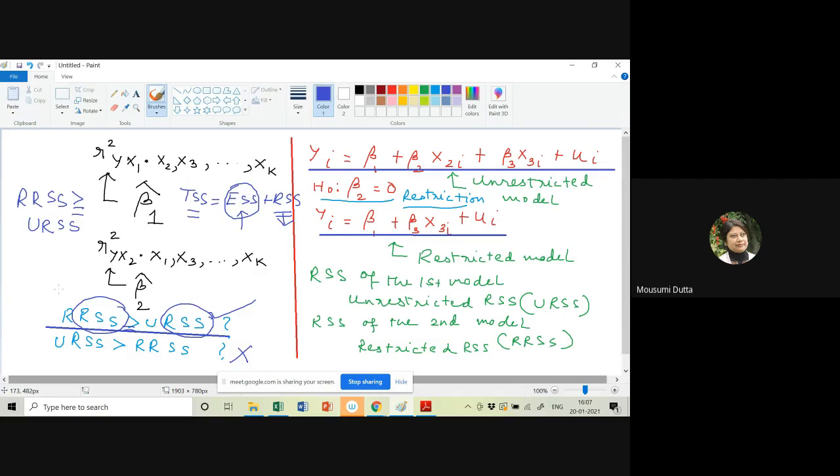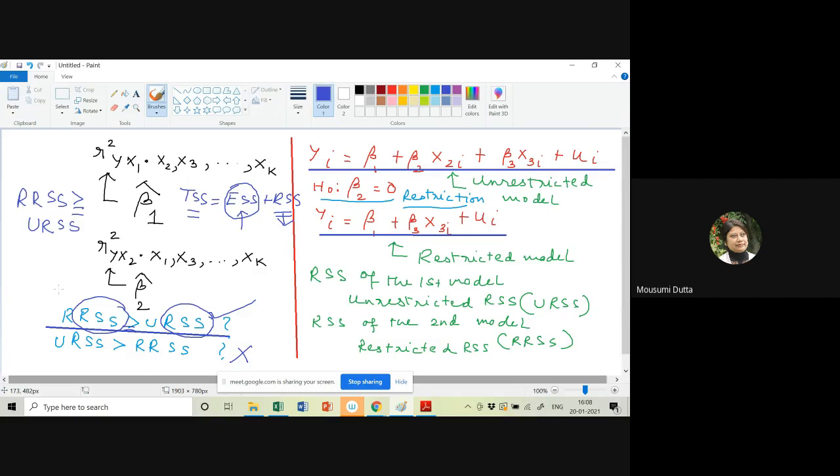In that case, if you drop the variable from the analysis, ESS will not differ between the models. Suppose in the first model, x2 is not there, that is, you are getting the second model. So ESS will not increase because of inclusion of x2i. That may happen. In that case, the residual part of both the models will be equal to each other.